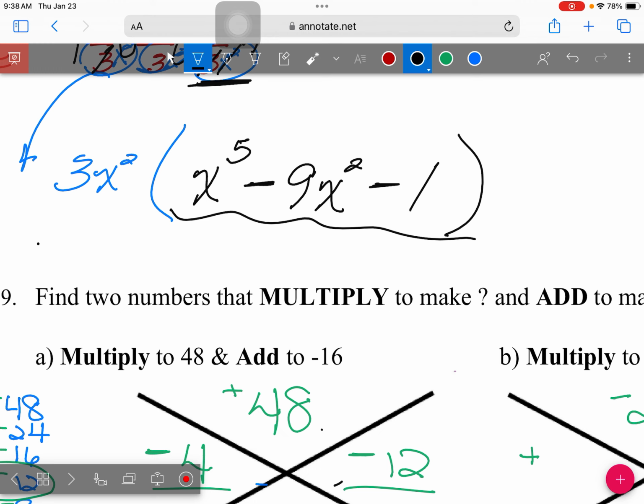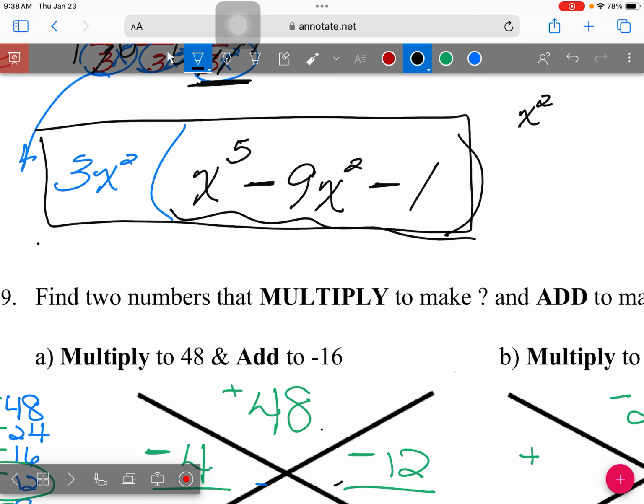We already took out the greatest common factor. We do not know how to factor that. The most we know after we've taken out a greatest common factor is if it's squared. So this is your final answer.